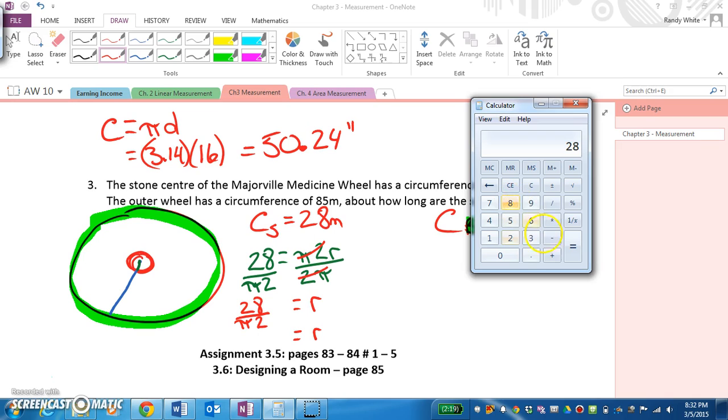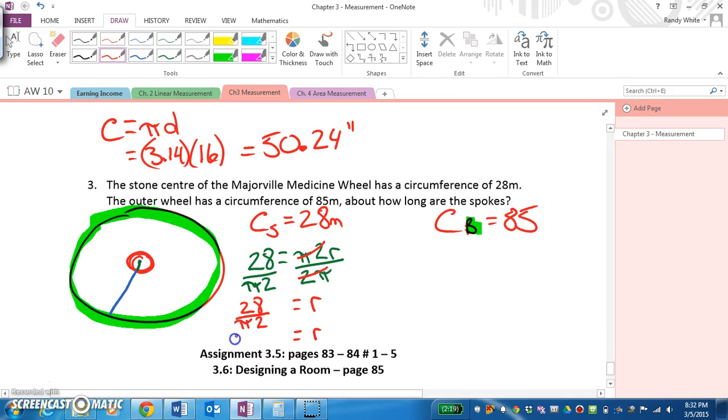So I'm going to take 28 divided by 6.28, and I get 4.4. So let's round it to 4.4.